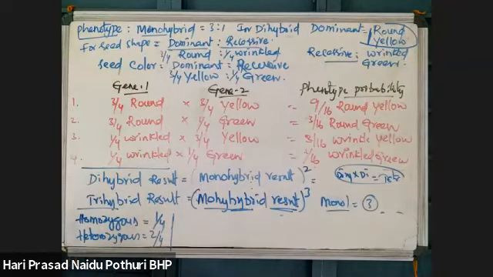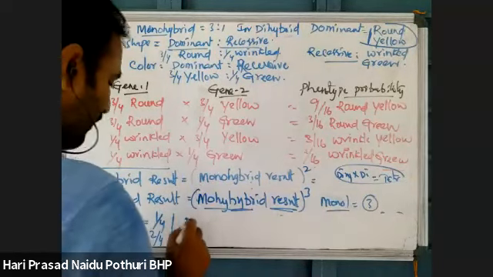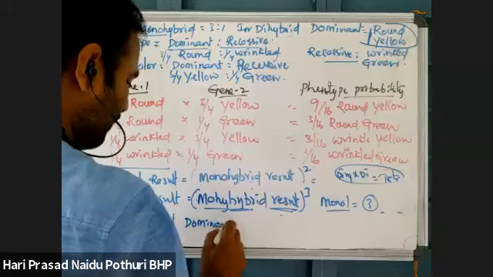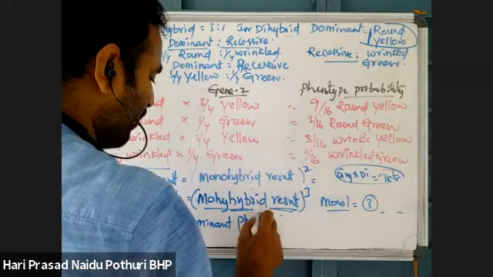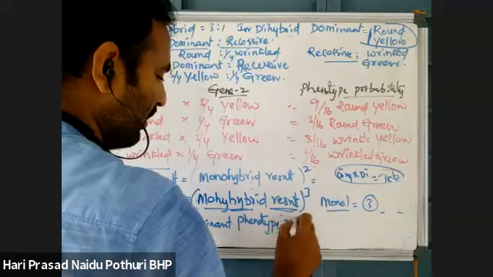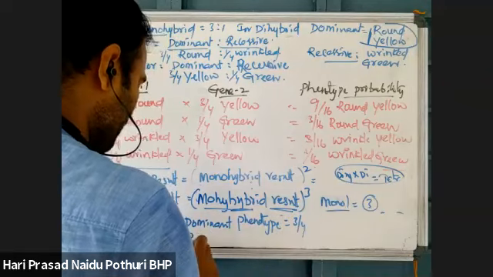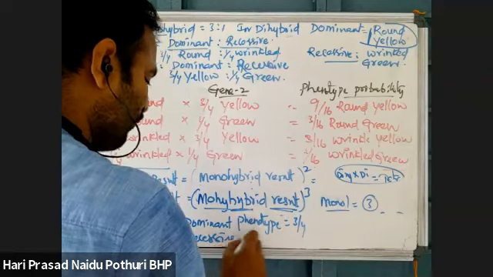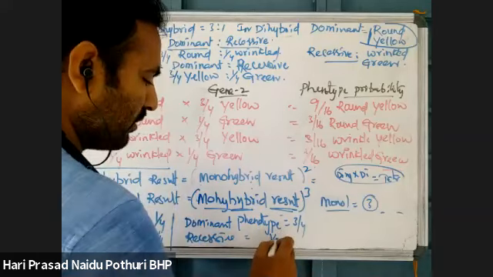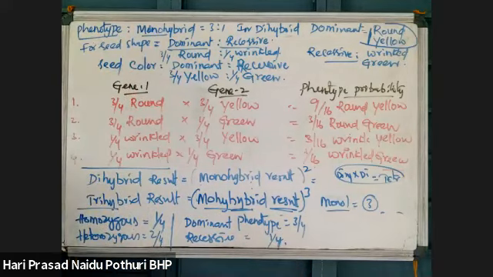And dominant phenotype is 3 by 4 for every gene, and recessive phenotype is 1 by 4. These are possibilities or probabilities.